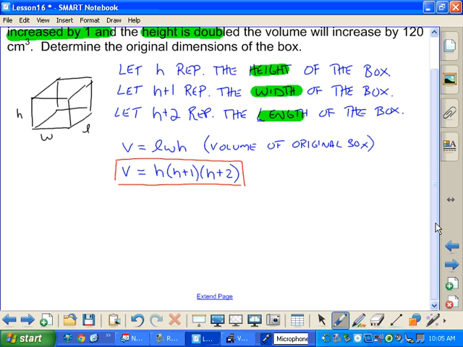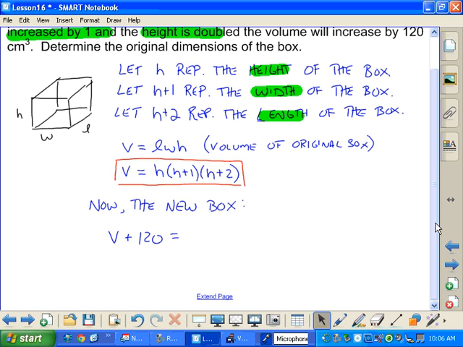So now, the new box. We know that the volume is going to be increased by 120 cubic centimeters, and we know the height is doubled. So the new volume of the new box is going to be the original volume plus 120 centimeters cubed.